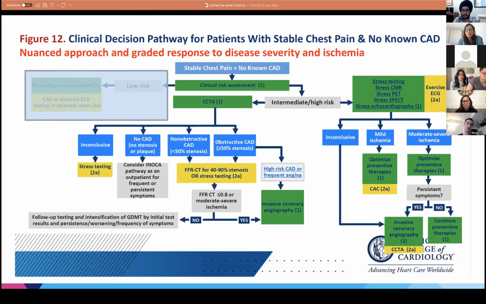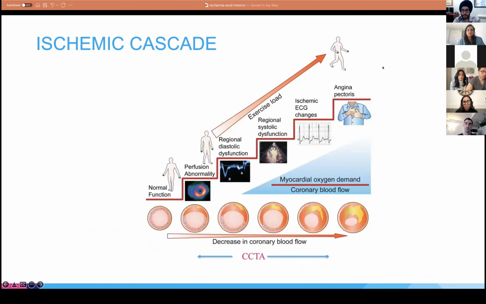Before we talk about stress testing, let's talk about what we are trying to diagnose, some of the concepts behind stress testing or ischemia. As we have increasing stenosis or increasing burden of plaque, which would restrict the blood flow to the myocardium, there is a sequence of events.